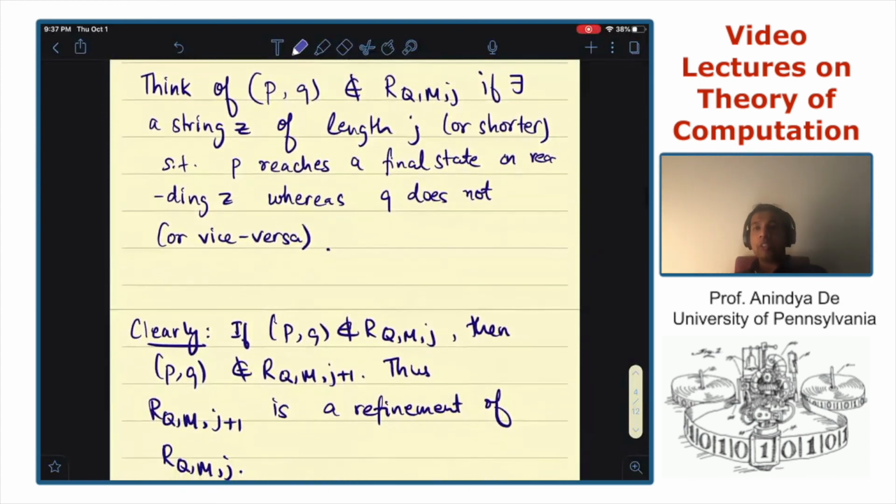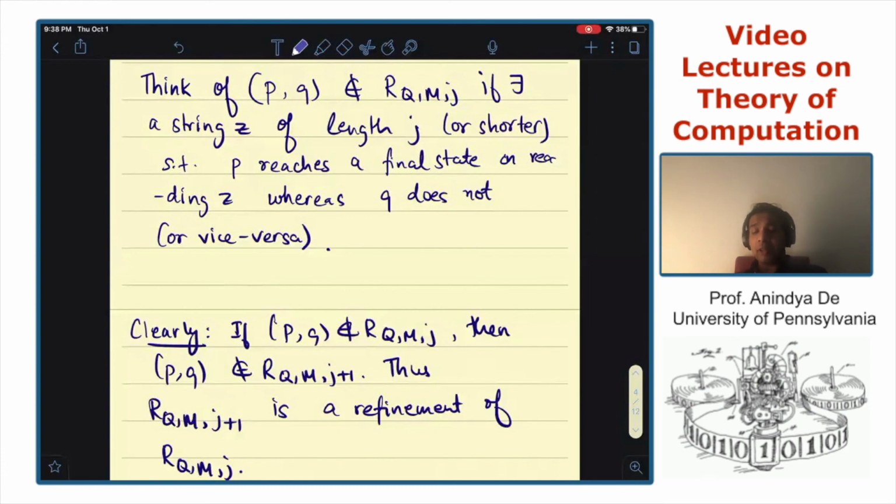Now, two things I want you to observe. The first thing is that, trivially, the refinement fact that I mentioned, that R_{Q,M,K} refines R_{Q,M,J} whenever K is bigger than J, immediately follows from the definition now.